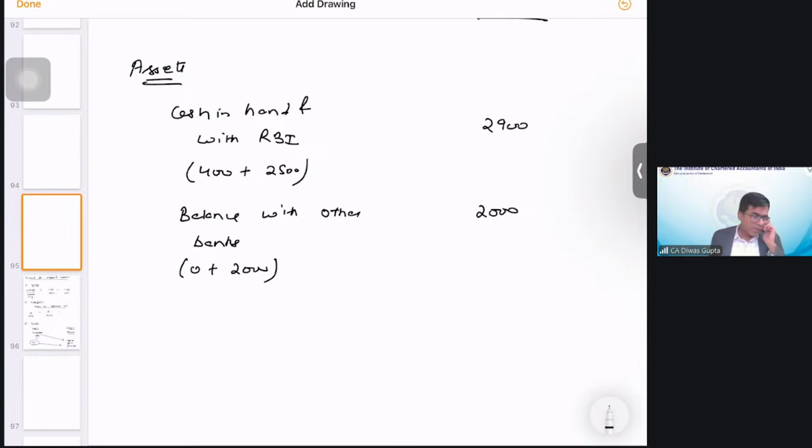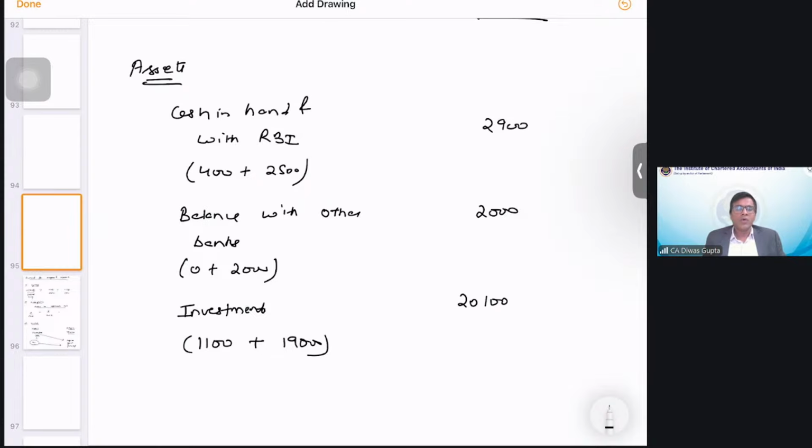Then investments. Investments is 1100 plus 19,000. So this is 20,100.